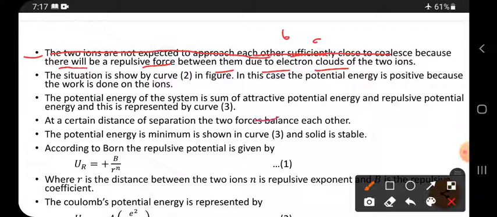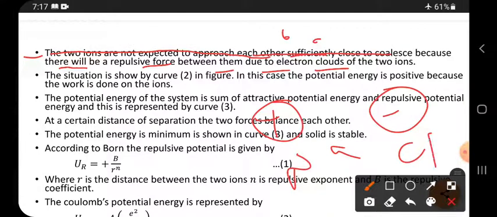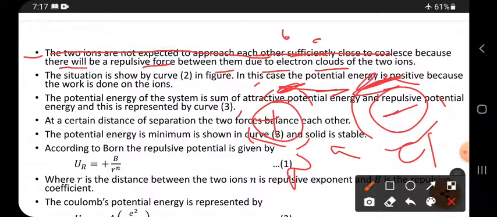Let one be a positive ion and one a negative ion, for example sodium and chlorine. Around the sodium atom electrons are present, and around the chlorine electrons are present. So when they come close to each other, because of the electrons in their shells, the repulsion force starts increasing. Repulsion force will act between them. Because of that only they never coalesce, meaning they never touch each other.